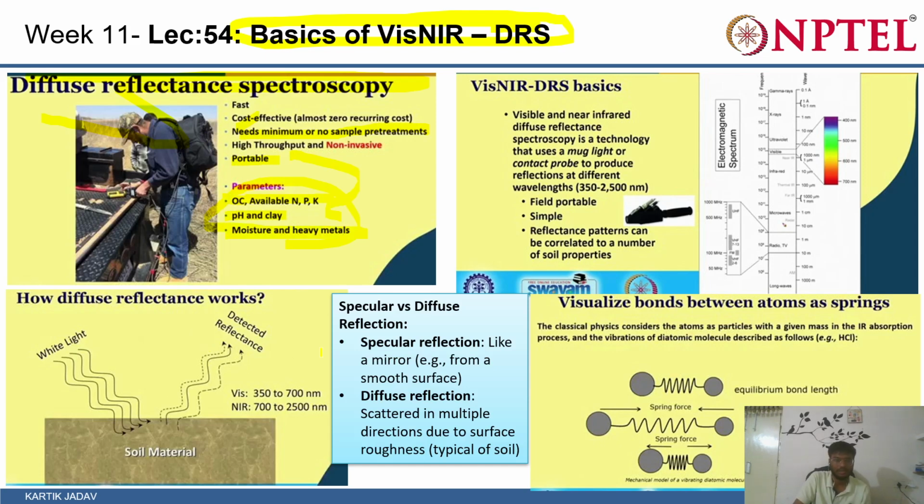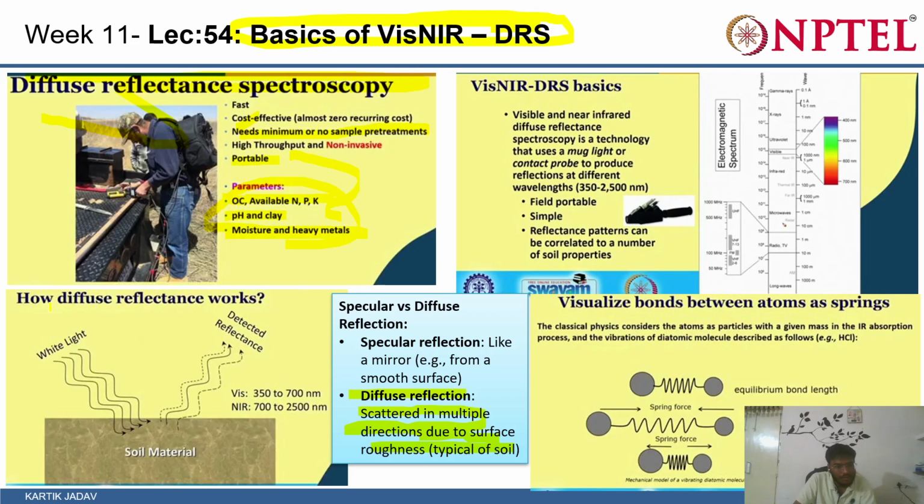certain lights. So, as you can see here, there are specular and diffuse reflection. Specular reflection is like a mirror, from a smooth surface, while diffuse reflection is scattered in multiple directions due to surface roughness, typically soil. So from soil we generally receive diffuse reflection.